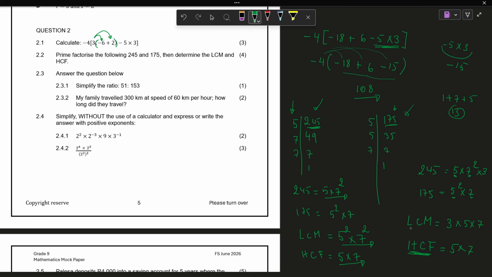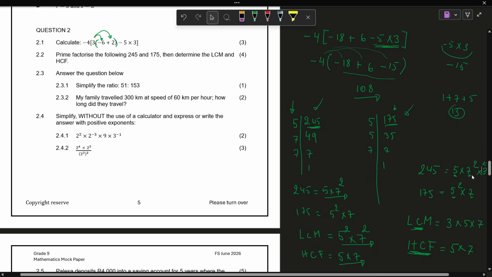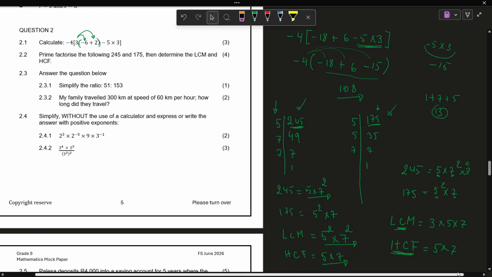And then here the lowest common multiple is broader. You need to take everything. That is why you take the highest exponent when it comes to the lowest common multiple. If, let's say, for 3 we had exponent 4 there, I would have taken 4 here.